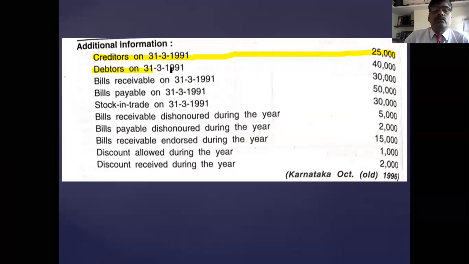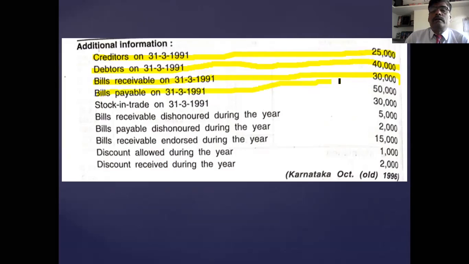Then debtors goes to debtors account credit side by balance carried down. Bills receivable goes to bills receivable account credit side by balance carried down. Bills payable goes to bills payable account debit side to balance carried down.